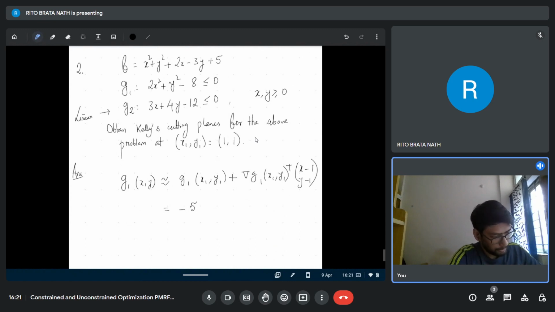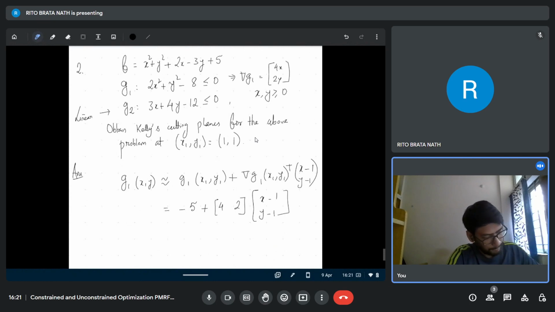Then you have to get the gradient. The gradient is (4x, 2y), so this is 4 and 2, multiplied by (x minus 1, y minus 0).